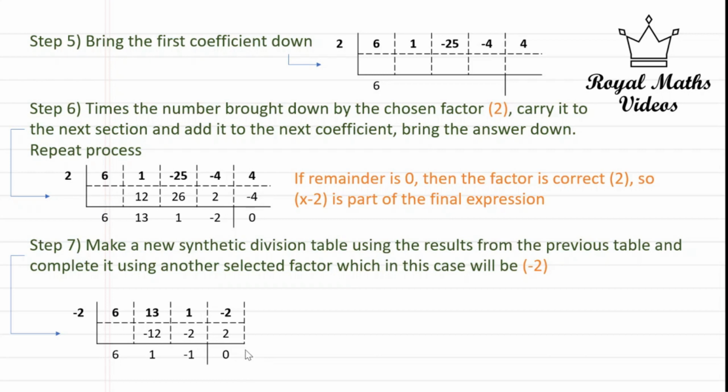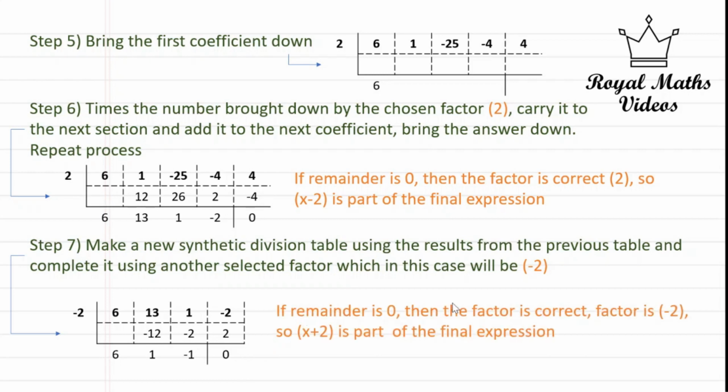So because it is 0, the rule is that the factor is correct. The factor is minus 2, so x plus 2 is part of the expression. Like I said before, the signs are reversed when you are relating it to x. So if the factor is 2, it is x minus 2. If the factor is minus 2, then it's x plus 2.